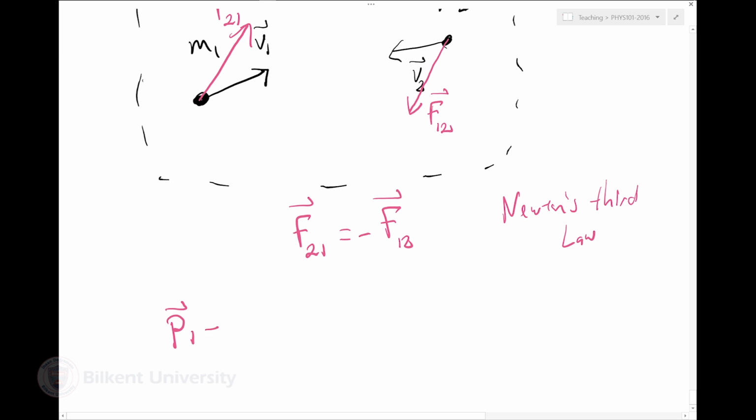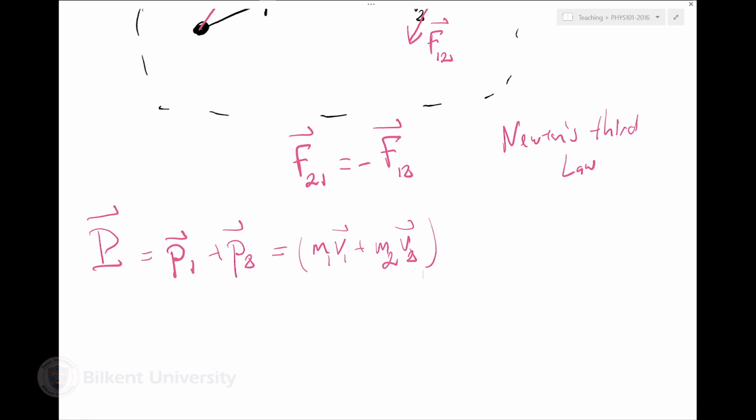Let me look at the quantity, which I'll call capital P, which is the momentum of the first particle plus the momentum of the second particle. So it's going to be m1 v1 plus m2 v2. And let me take a time derivative of this total momentum. It's going to be dp1/dt plus dp2/dt.